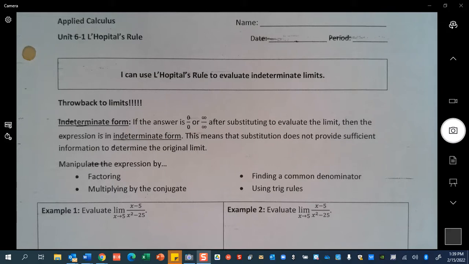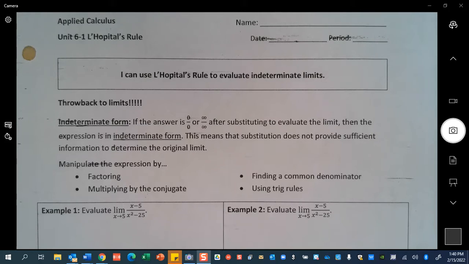So we had 3 different ways that we manipulated it, and that was where you're like, oh snap, that's a lot of pre-calc and algebra 2 coming back to haunt me. We had to factor and cancel out common factors, we had to find a common denominator and add the fractions, we had to use the conjugate. If it was this plus, then we did this minus, and that's what got rid of my radicals.